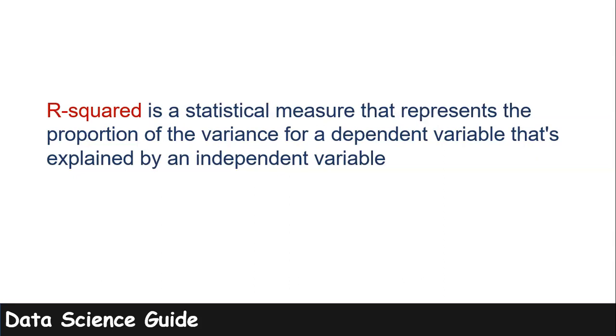So it doesn't mean that if we change the independent variable that change will be 100% reflected on that dependent variable. It's only a portion of the change. So R squared measures that part and tells us to which level that change in the independent variables can be reflected on the dependent variable.